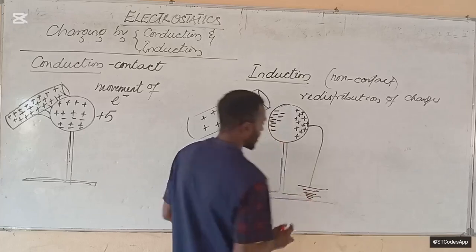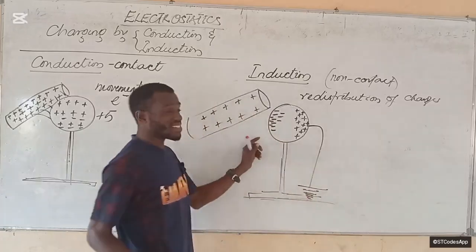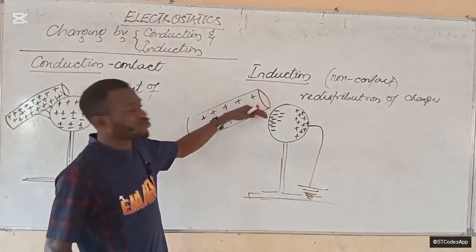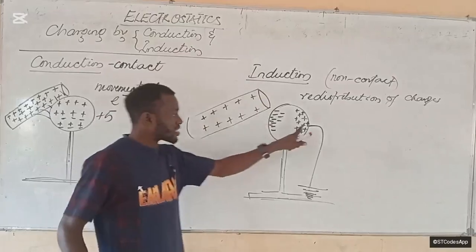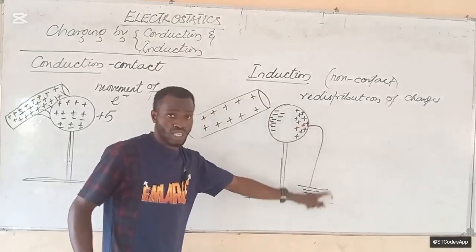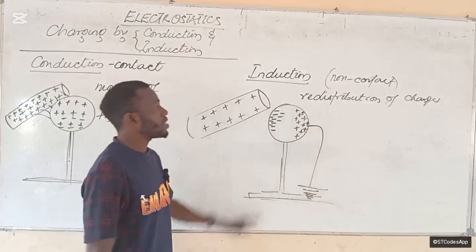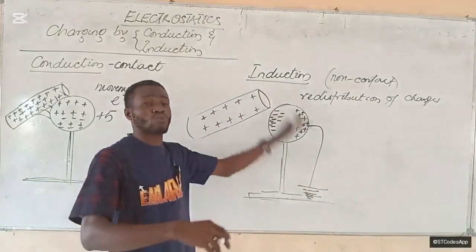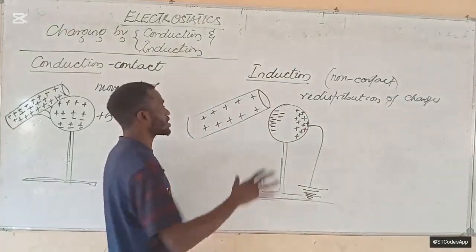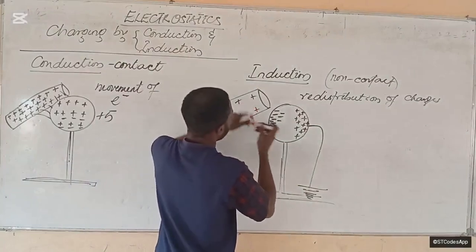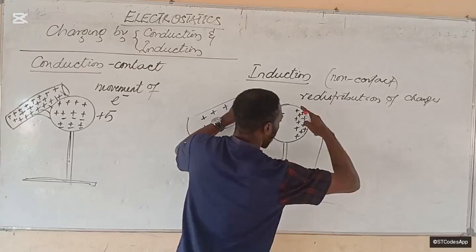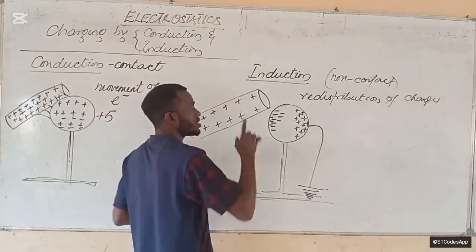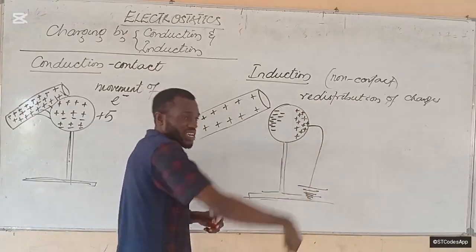This must be done while the charger is in place, because if the charger is removed before the metal conductor is put here, there will be rearrangement of the charges again so that this body becomes neutral again. But while the charging body is still in place, he brings a conductor or uses his hand, and by that action the charges are conducted to the earth.